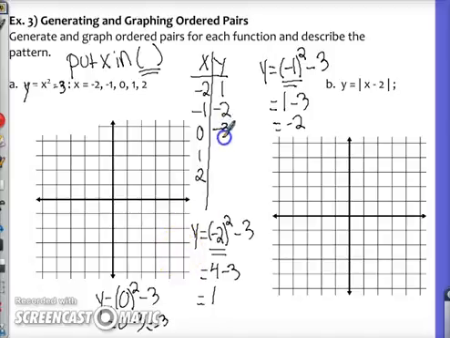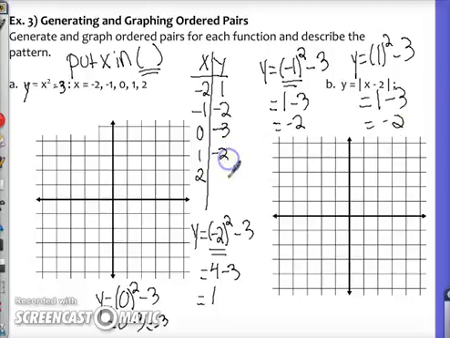So you have 0, -3. Plug 1 in. Y equals 1 squared -3. 1 times 1 is 1 minus 3 equals -2. 1, -2. Last but not least, we have y equals 2 squared -3. So you get 4 minus 3, which equals 1.